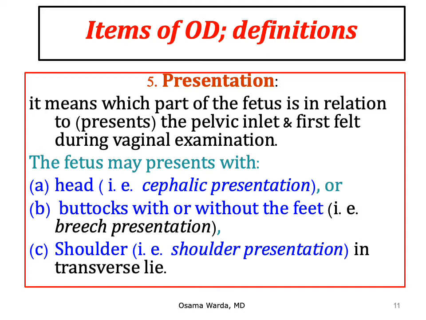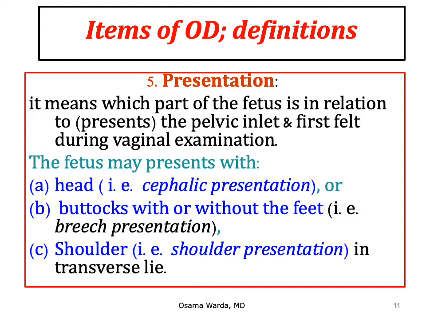We come to the breech. If the fetus presents with its buttock with the 2 feet and the attitude is complete flexion, this is called complete breech. Complete breech means there is complete flexion of the whole joints of the lower limb: the knee is flexed, the hip is flexed, the ankle is flexed.